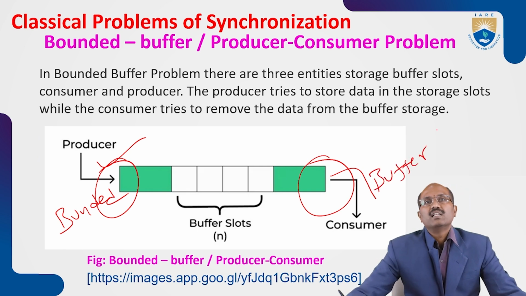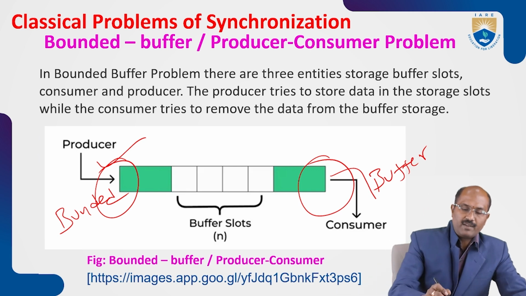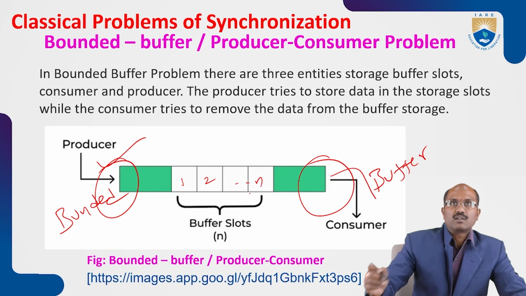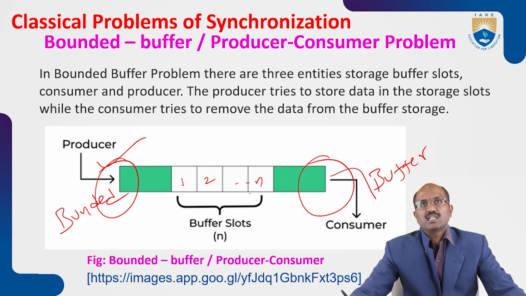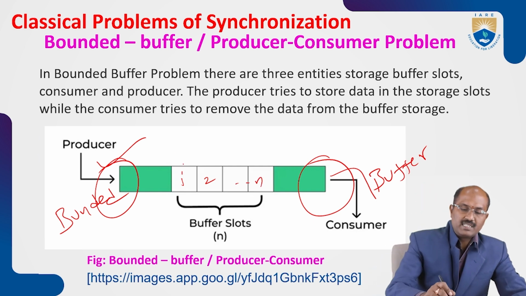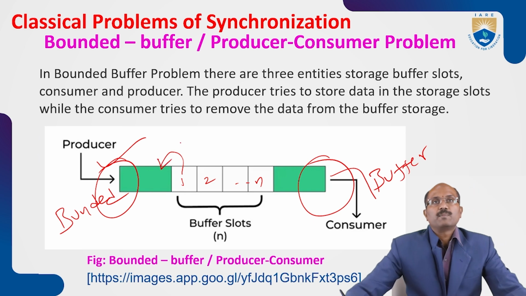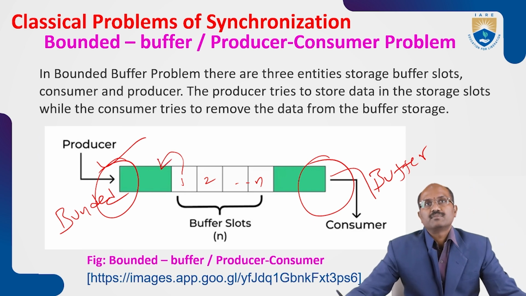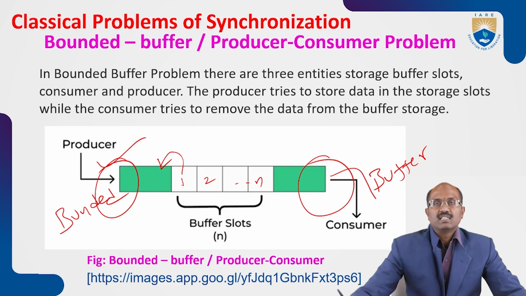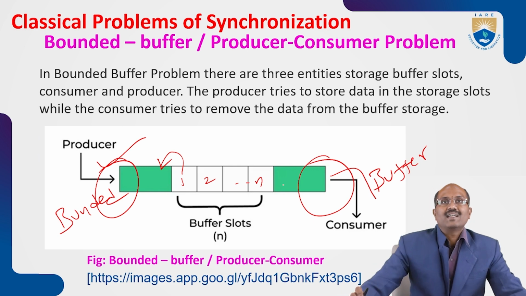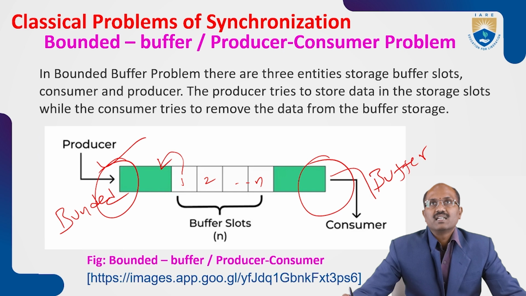There are various buffer slots: buffer slot 1, buffer slot 2, and so on, n slots. When the process moves to the next slot, it is ready for the producer to produce the item. The producer keeps producing at one end and the consumer consumes at the other end.